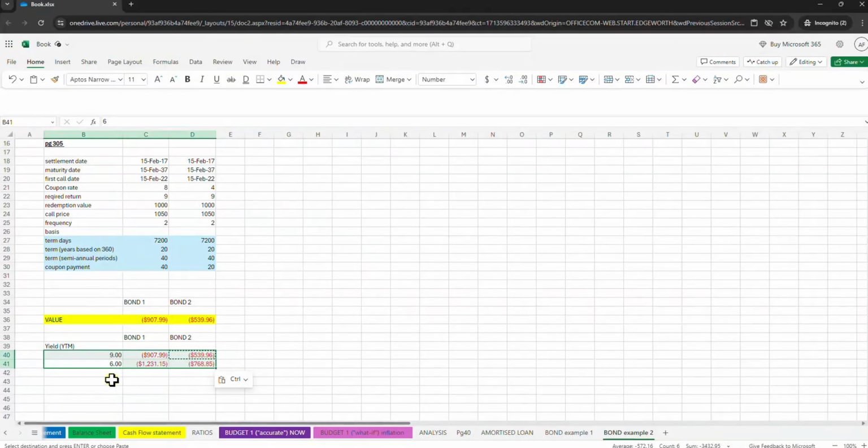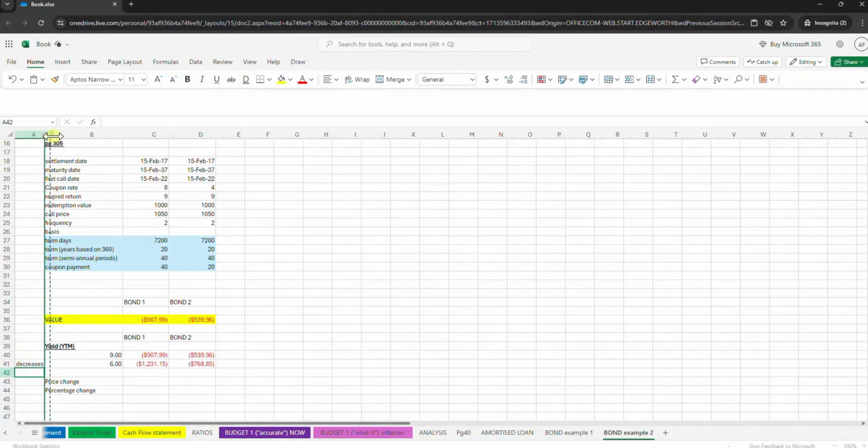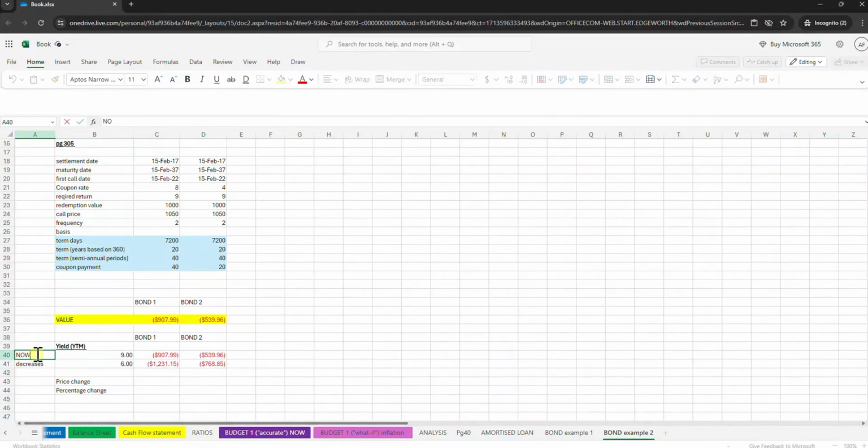All right. Okay, then we need to do price change, percentage change. Okay, so to work out a price change using Excel, all right, how much did my price change by? Okay, well, if the yield decreases, okay, so we expected it was now, and then it decreases.